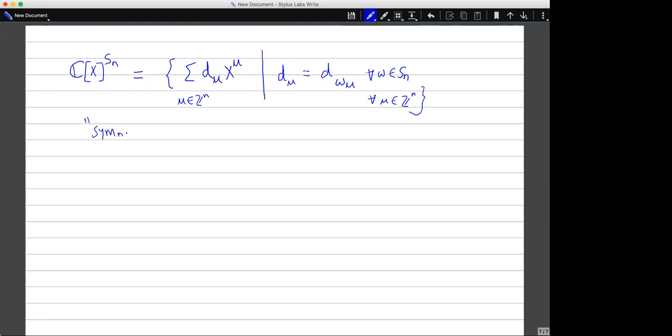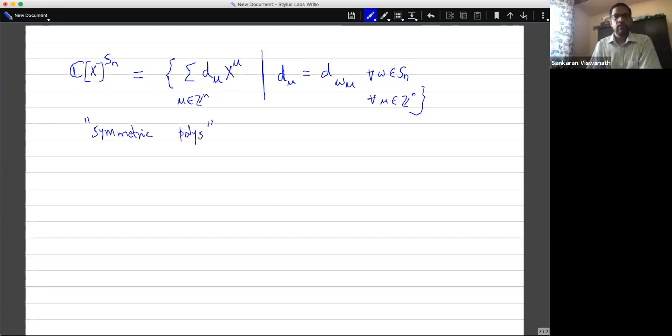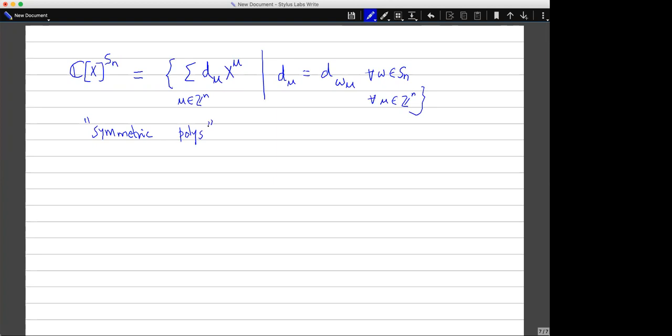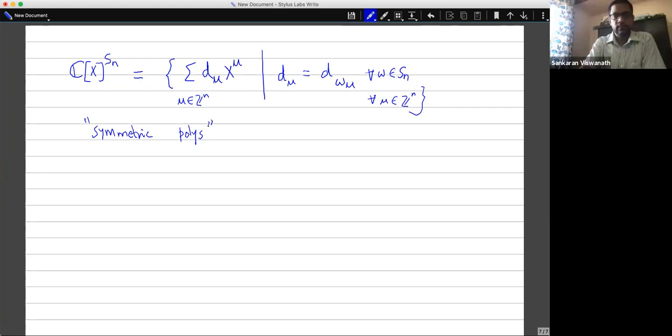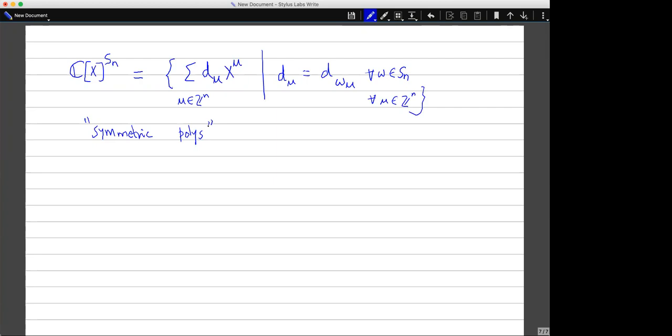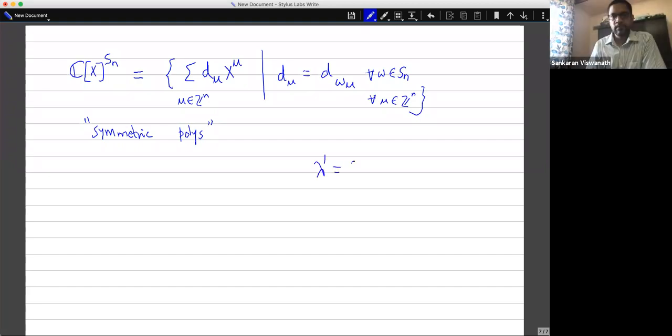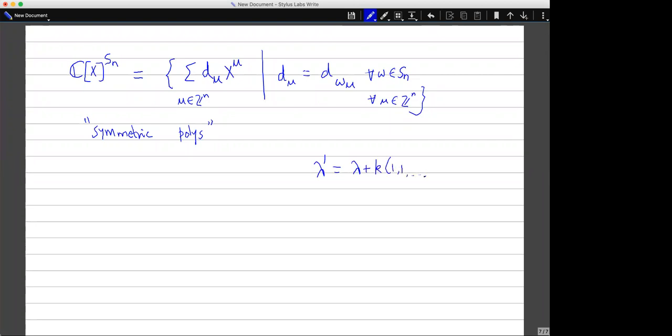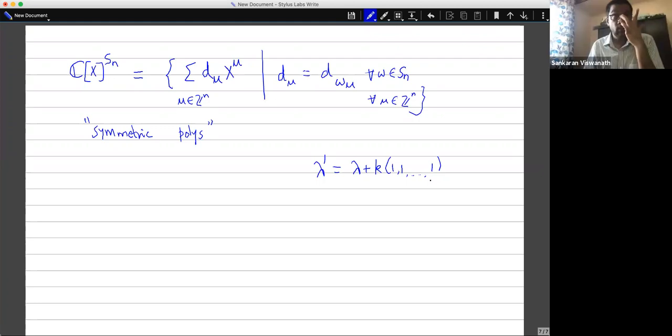I have a question, sir. Yes. So if I add a value to all the lambdas, lambda 1, lambda 2, and take the resulting lambda, call them lambda and lambda prime, that is lambda prime is lambda plus k times (1, 1, ..., 1). Then is there a relation between these modules?